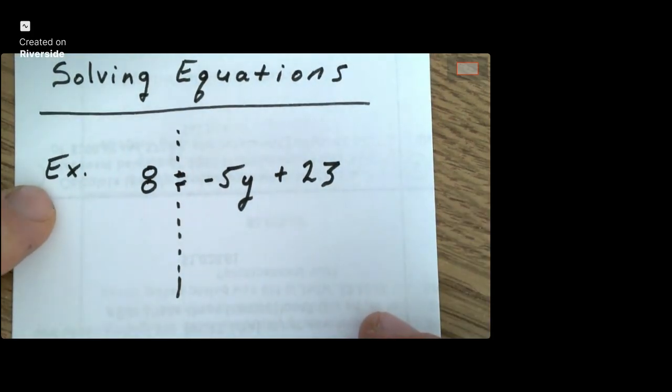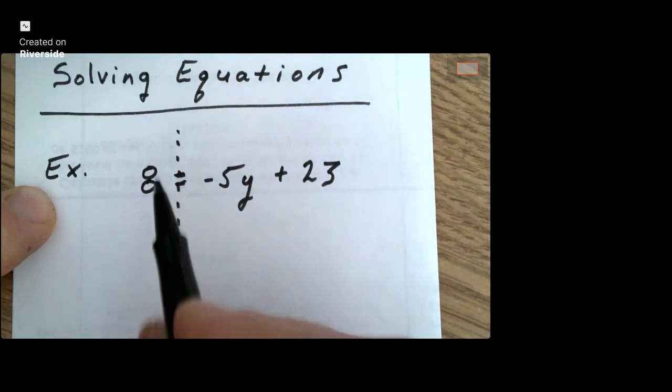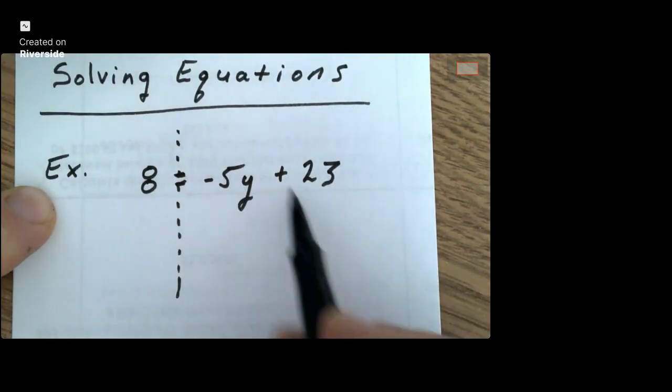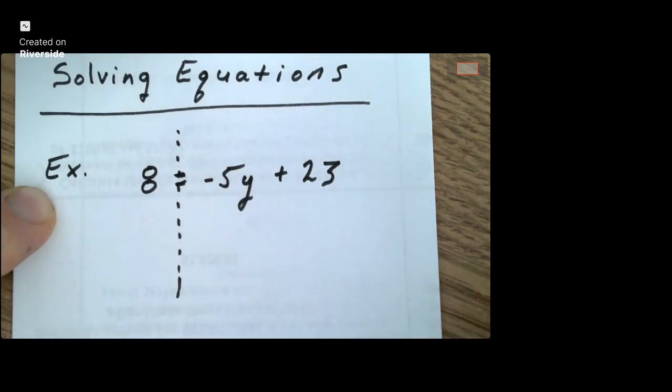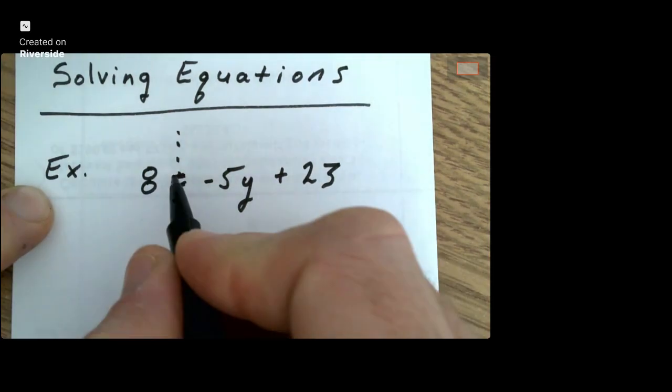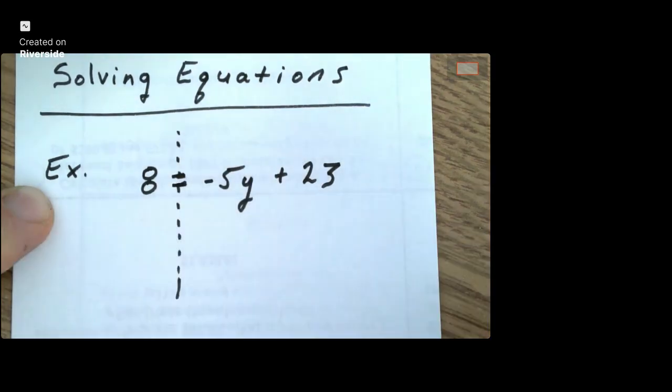What a lot of people get wrong with equations is they think that it's got a left side and a right side and a middle, right? So equations don't really have a middle. It's either a right side or a left side. There can be one or more things on the left side, and there could be one or more things on the other side, right? So let's think of this equal sign as being a fence.